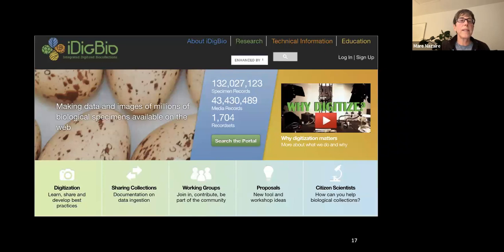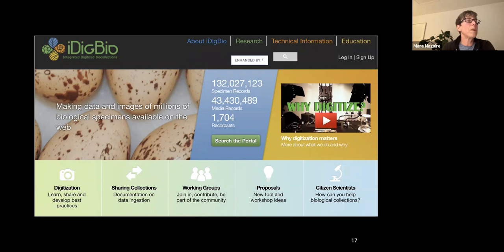iDigBio, the Integrated Digitized Biocollections, is the national resource for ADBC and serves as the coordinating center for the national digitization effort. They facilitate the dissemination of digitization practices and workflows, and establish integration and interconnectivity among the data that's generated through these collection digitization projects, these TCNs.